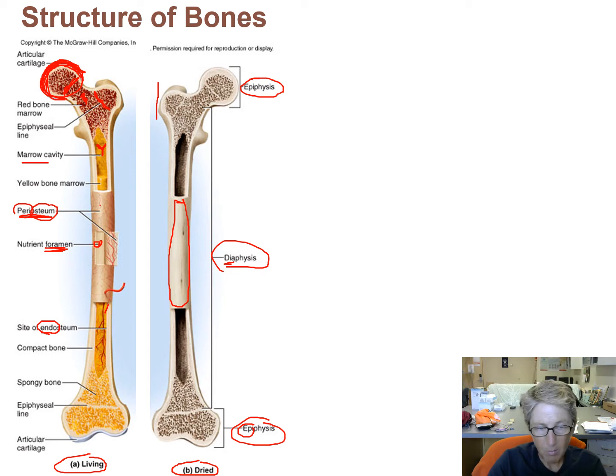So all of this lining the marrow cavity here, and even into here there's endosteum. That's the lining of the inside of the bone. And then it shows in this cartoon that there's this compact bone. So in the diaphysis where the bone is compact, it's a compact bone. And then when it kind of looks like SpongeBob, it's spongy bone.